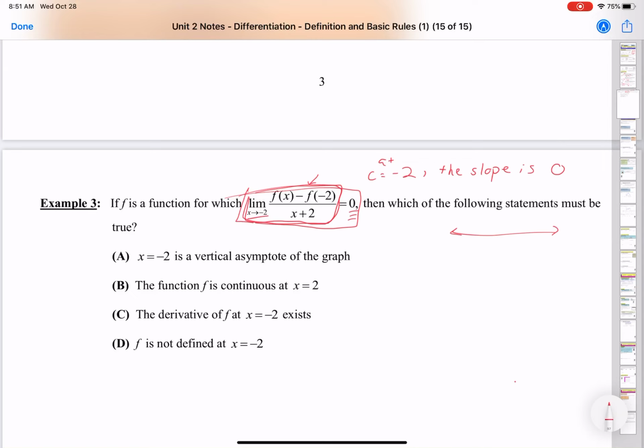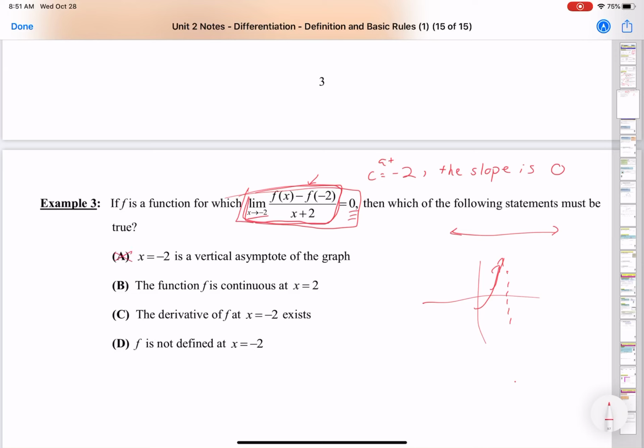X equals negative 2 is a vertical asymptote of the graph. Well, I'm not sure that makes sense, because at a vertical asymptote, the slope can't be 0. So the slope would be kind of almost undefined there. So I don't think negative 2 is a vertical asymptote if it has a slope of 0.